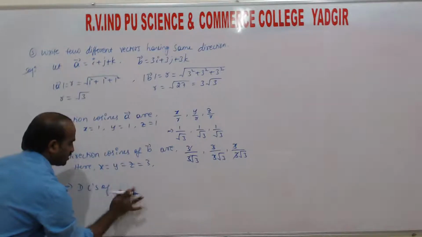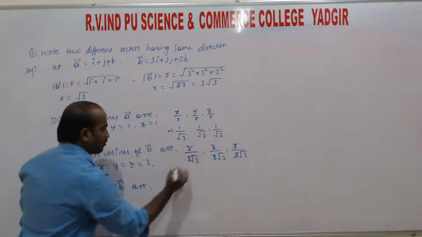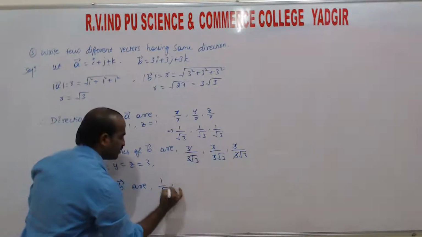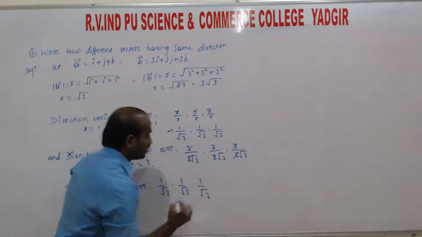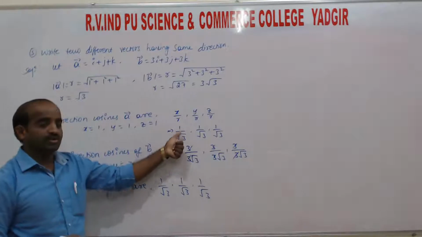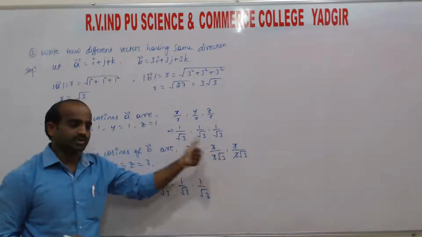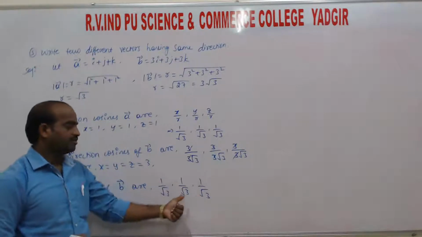This means direction cosines of b vector are 1 by root 3, 1 by root 3, 1 by root 3. Observe that direction cosines of a vector are 1 by root 3, 1 by root 3, 1 by root 3, and direction cosines of b vector are also 1 by root 3, 1 by root 3, 1 by root 3.